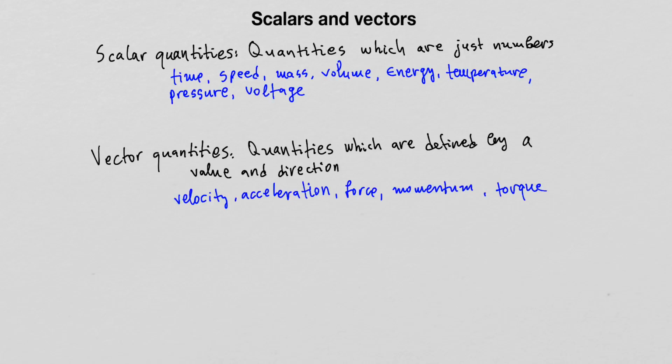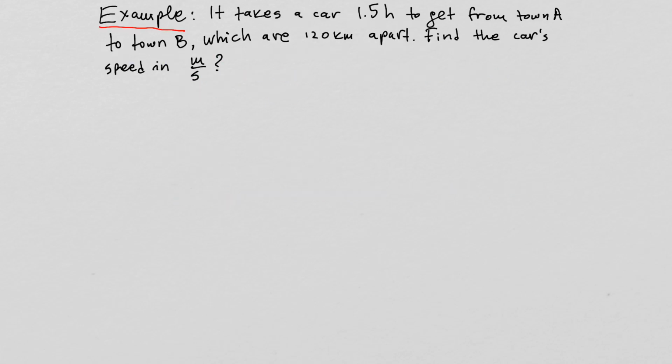So in discussing those quantities, the direction portion of the definition is extremely important to understand the nature of how those quantities determine how the phenomena in which those quantities are encountered work in the world.